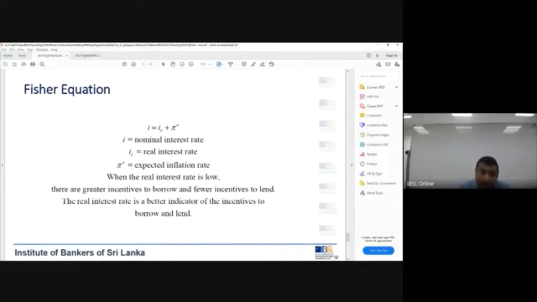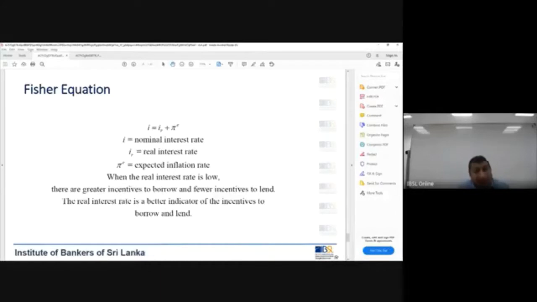Right? So if you are experiencing an environment where expected inflation is 5 and the nominal interest rate is 7, the real interest rate is 7 minus 5, 2.